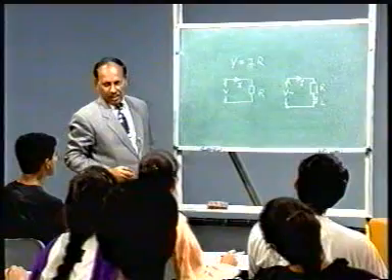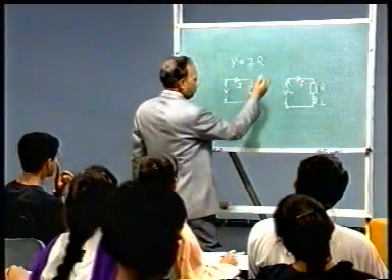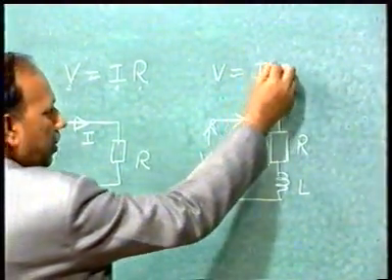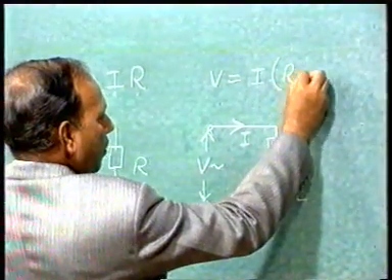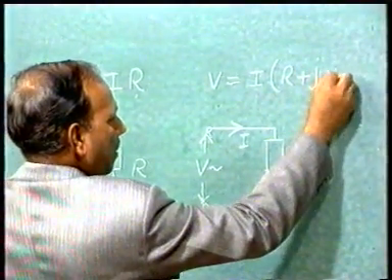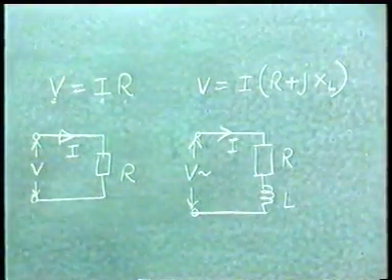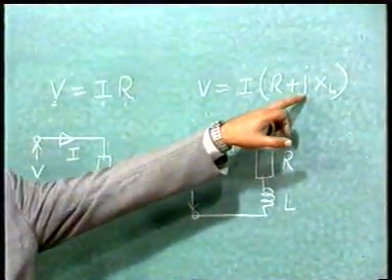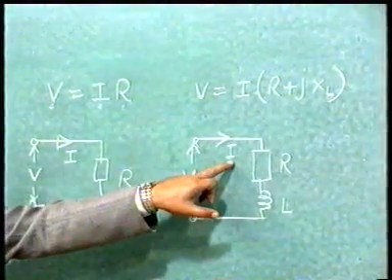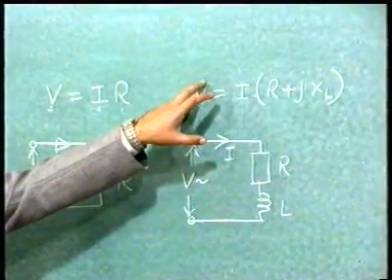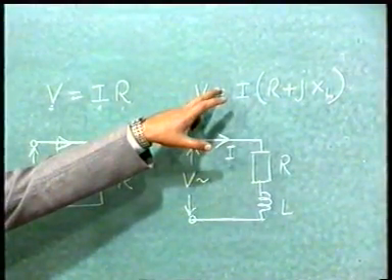V, I, R and L. Can you not write V is equal to I into R plus jXL? So this equation is there. So this is the equivalent circuit of this equation. Or this equivalent circuit represents this equation. They are equivalent, isn't it? Yes.